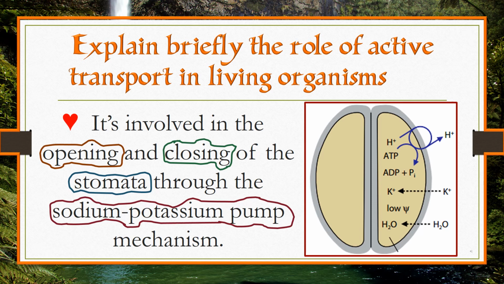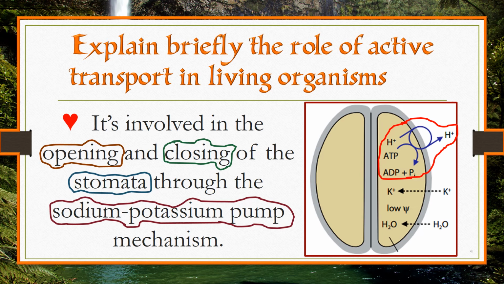In the guard cell, we have hydrogen ions, and we have a hydrogen pump. Now, that hydrogen pump uses energy, which comes from ATP. It breaks down ATP to ADP plus phosphate ions and provides the pump with energy.